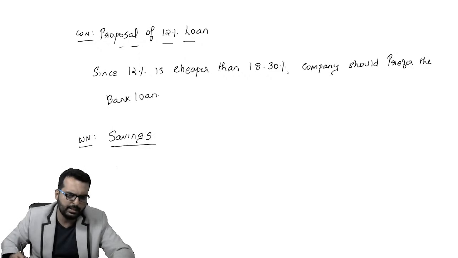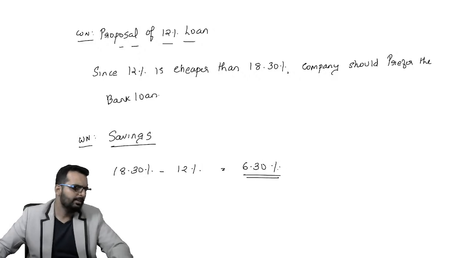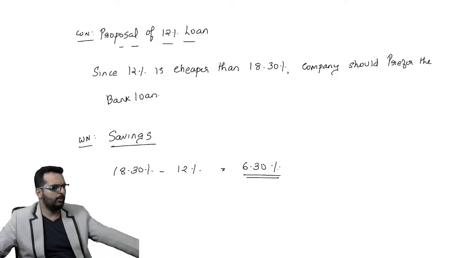Savings. Now this is pretty easy. Savings will be 18.3% minus 12%. That turns out to be 6.3%. Can you write down and finish it off?